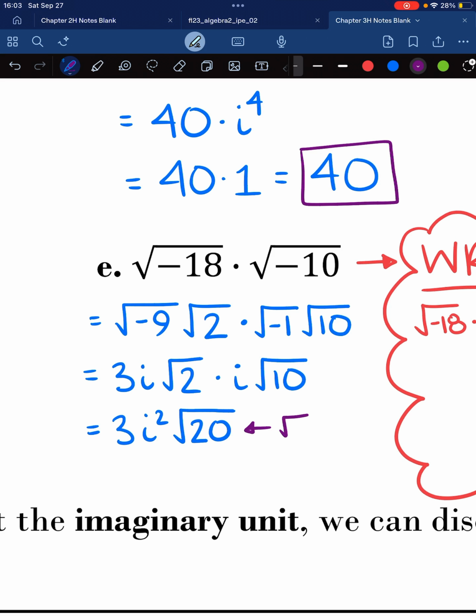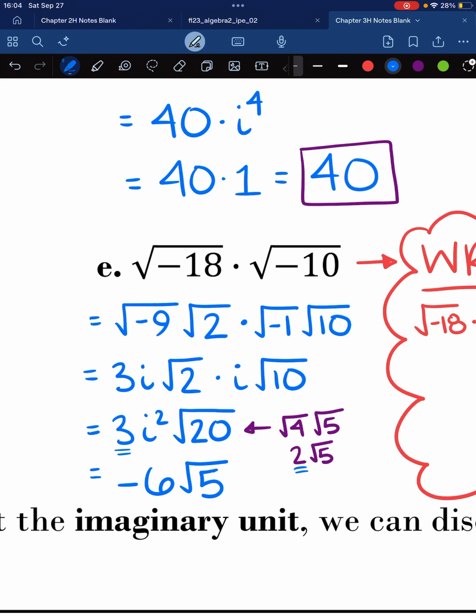Square root of 20 is the same as square root of 4 times the square root of 5, which is going to be 2 square root 5. So I'm going to multiply this 2 with this 3 now, right? So square root of 20 is going to simplify, and we get 6. Ooh, I squared is negative, so let me write out negative 6 square root 5.